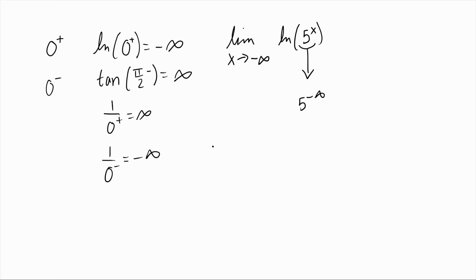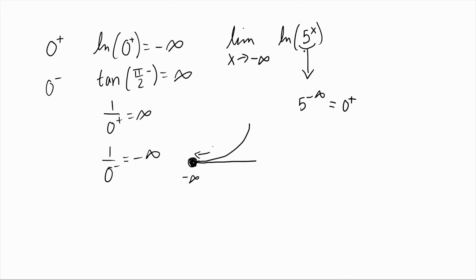Well, if we take a look at the graph of 5 to the x, it looks like this, and it's exponential decay in this way as x goes to negative infinity. And if we squash the number line, this would be like the point at negative infinity on the x-axis. If we were to fill it in, notice the y values that we get out is 0. In fact, it's 0 through positive values. We could think of that as being like 0 plus.